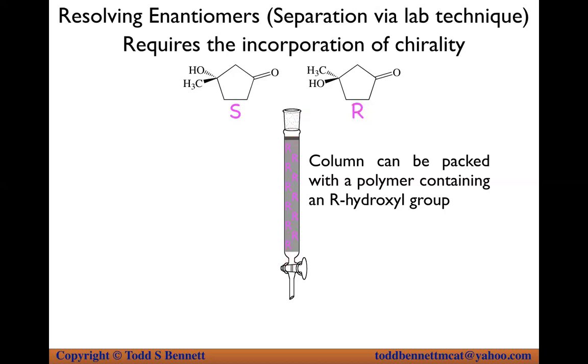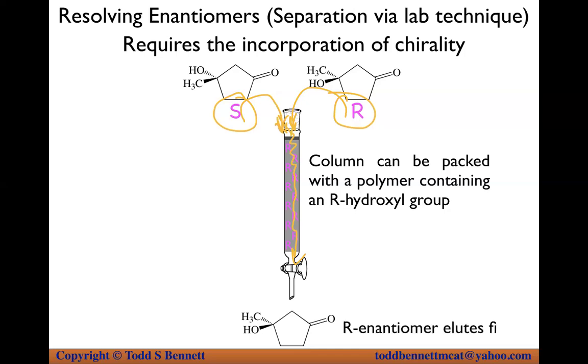So in this technique, I take this mixture of R and S and put it into the column, and as it trickles down through the column, because the column has R, S is going to stick to it. Because it has R, the R is just going to meander through it, it doesn't stick to itself. And so you end up getting the R enantiomer coming off first, very quickly, and the other one comes off more slowly.